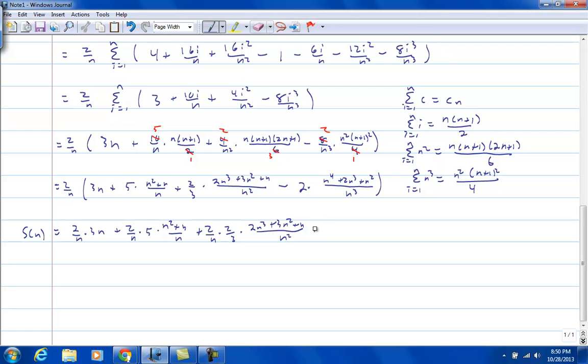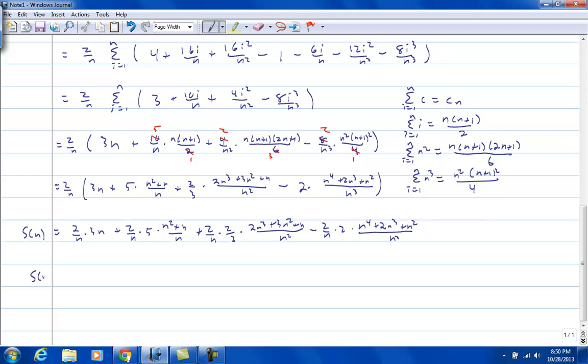Now it's minus 2 over n times 2 times n to the 4th plus 2n cubed plus n squared all over n cubed.